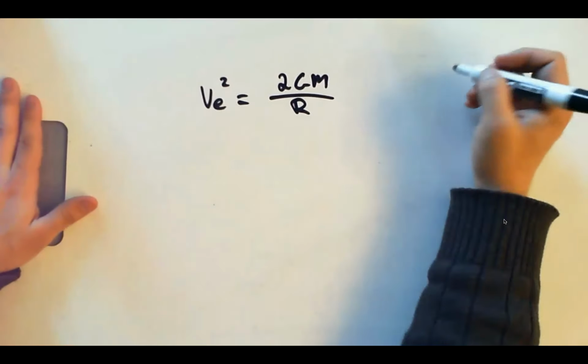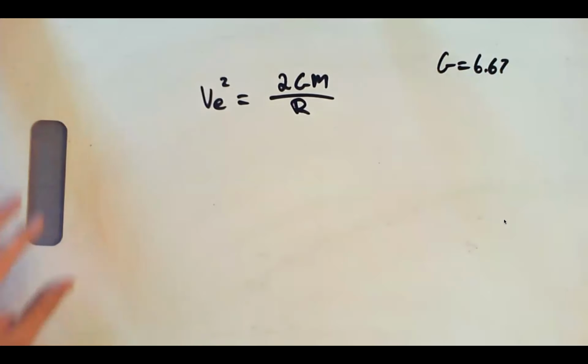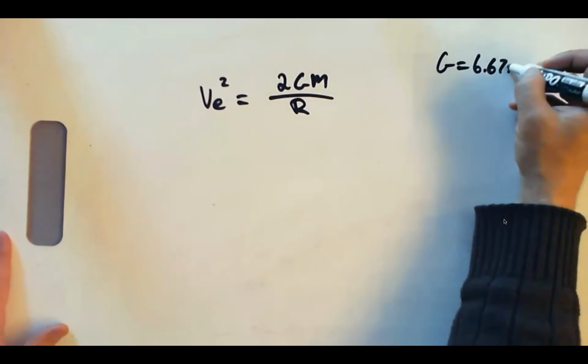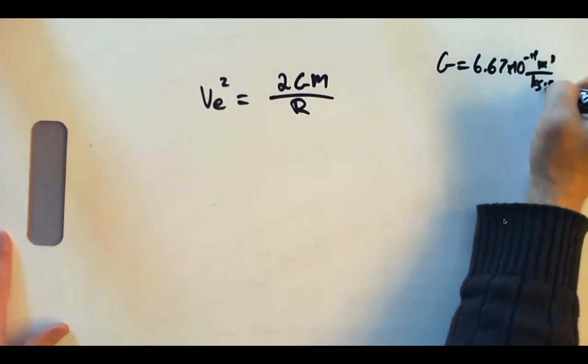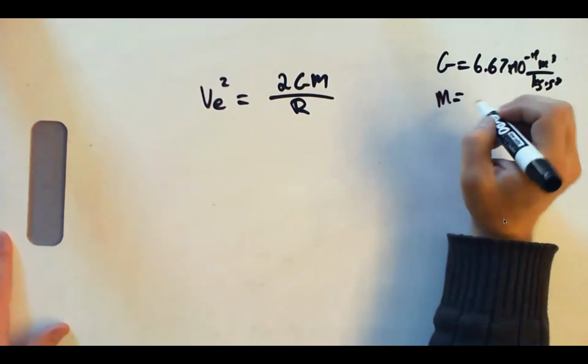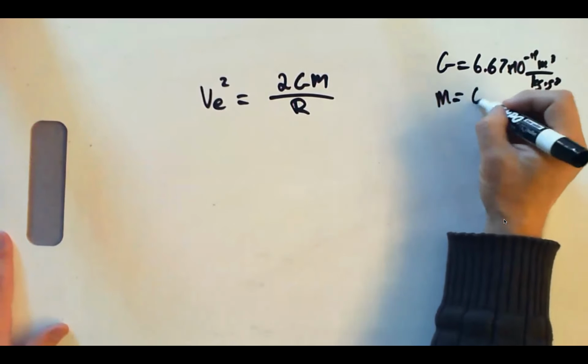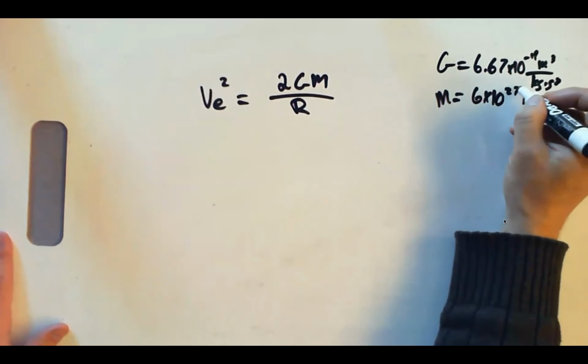So we know that G is 6.67 times 10 to the negative 11 meters cubed per kilogram second squared. We know that M is 6 times 10 to the 24 kilograms.